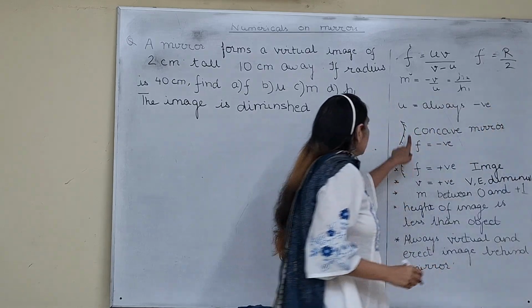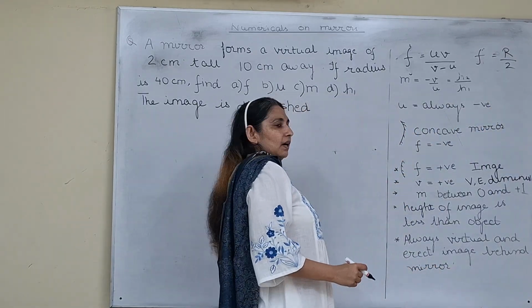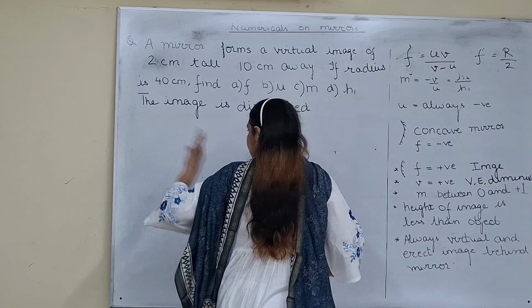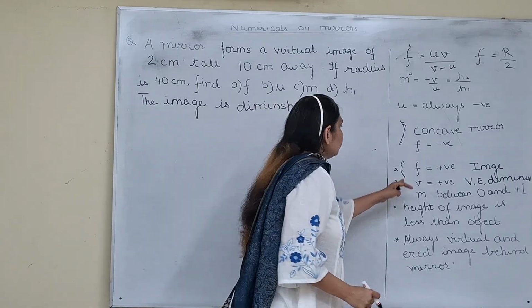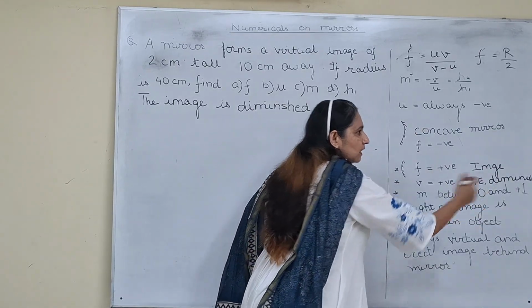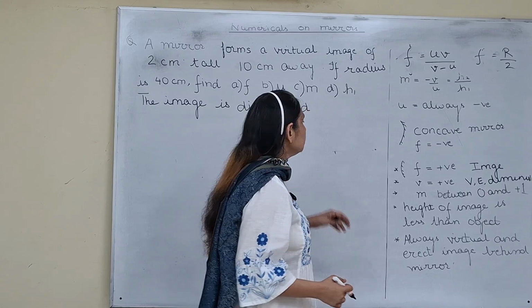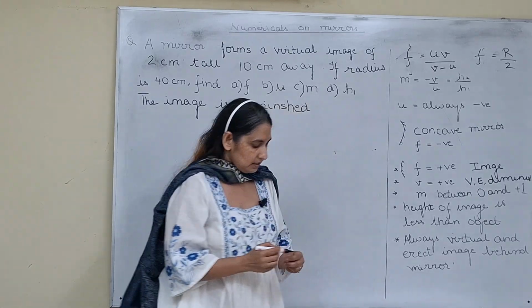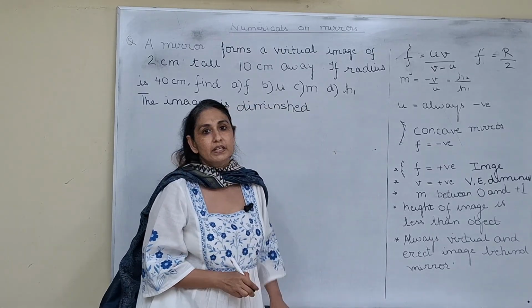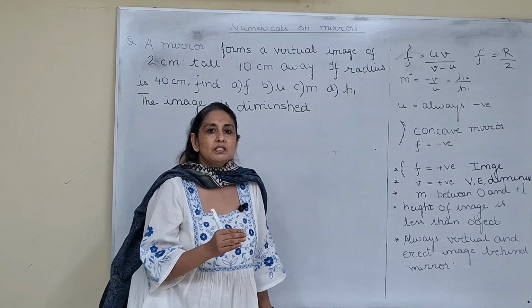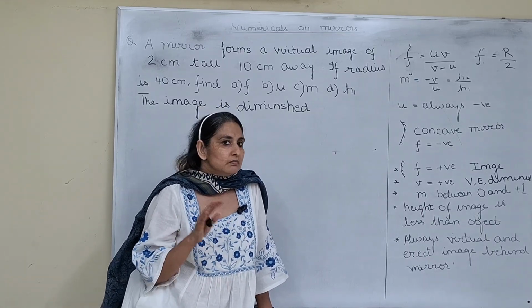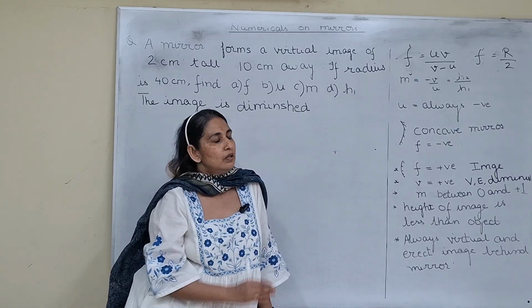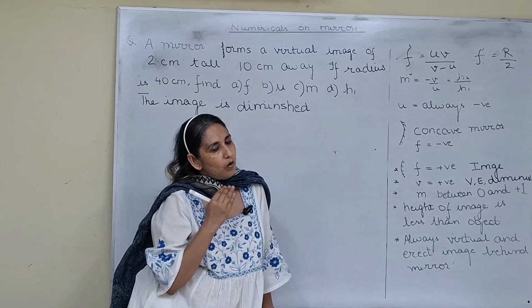Okay, a concave mirror has its focus this side, which means negative. Convex means the focus is on that side, which is positive. And very importantly, some properties of convex. A very good identification of convex is that the image is always virtual, always erect and always small.